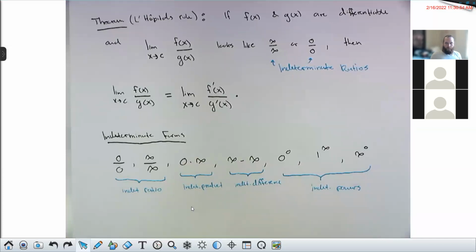And in each one of these expressions, what's going on is that the things are fighting each other, right? Like being 0 upstairs wants to make the fraction 0, but being 0 downstairs wants to make the fraction infinity. So these are fighting each other. Or if you replace 0 in your brain with a very, very small number and infinity with a very, very big number, if you take a very small number and divide by another very small number, you might get a normal sized thing.